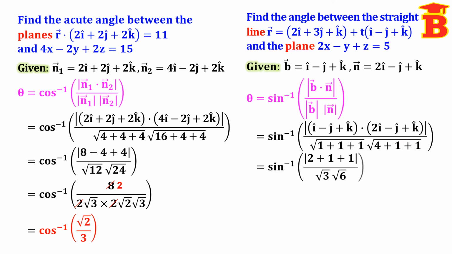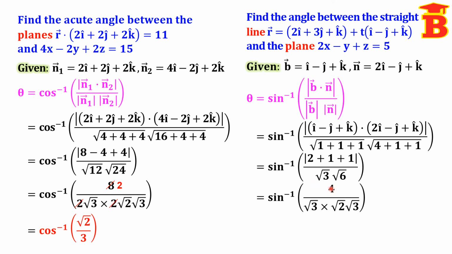So this is equal to sine inverse of modulus, taking the dot product: 1 into 2 is 2, minus 1 into minus 1 is plus 1, plus 1 into 1 is 1, divided by root 3 into root 6. So this is equal to sine inverse of modulus 4, that is positive only.